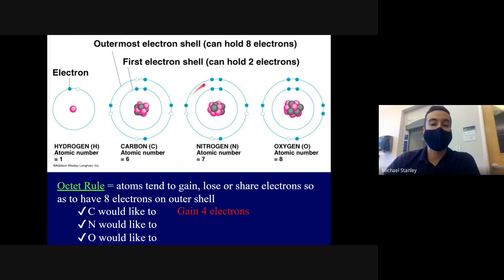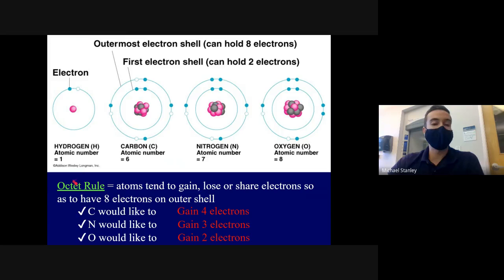Nitrogen has 5 electrons on its outer shell. So nitrogen would like to gain 3 electrons. So we have these kind of empty 3 spots for electrons. And then finally, oxygen has 6 outer shell electrons. So to get up to that 8, it would like to gain 2 electrons.